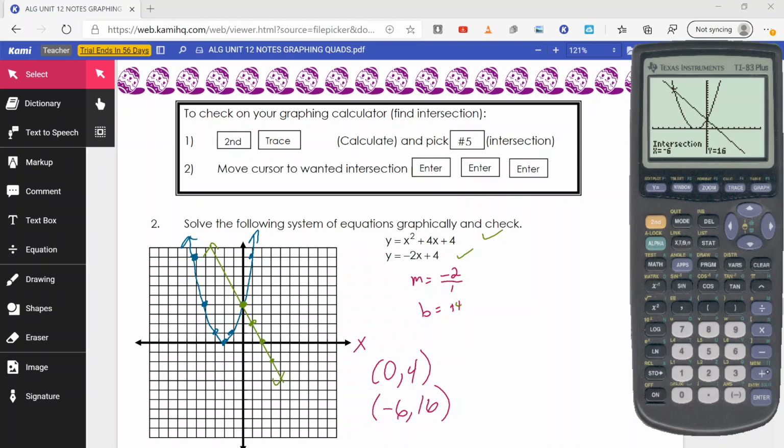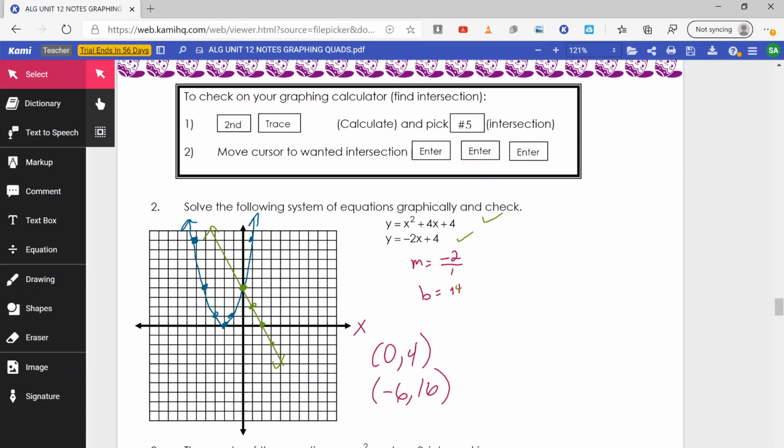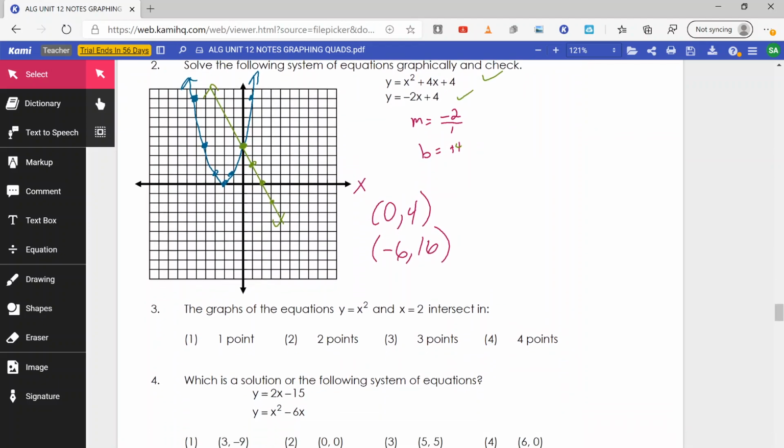So notice we got the same answer as before. So that is using the calculator when we don't have nice points of intersection. In this case, we did at 0, 4 and negative 6, 16.